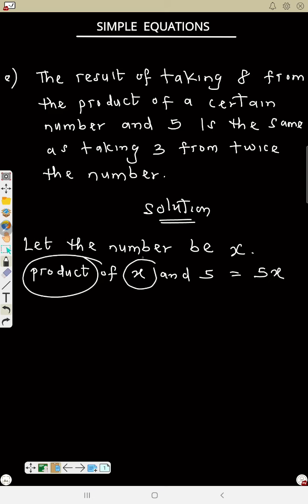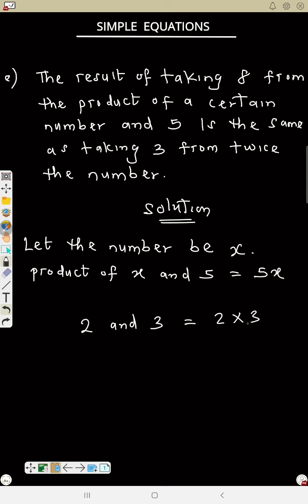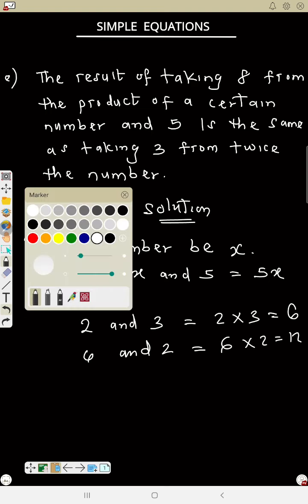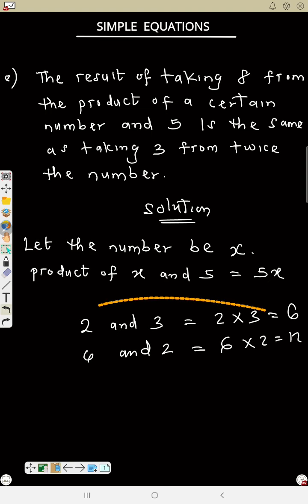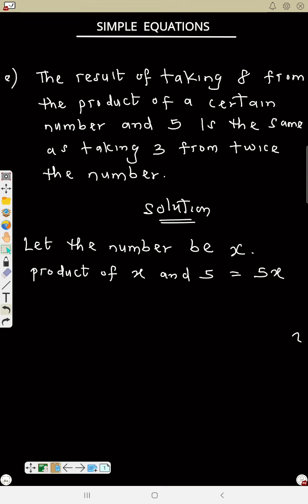If I ask you product of 2 and 3, it means 2 times 3, which is 6. Product of 6 and 2 means 6 times 2, which is 12. So now product of x and 5 means 5x. So that is 5 times x, 5x.